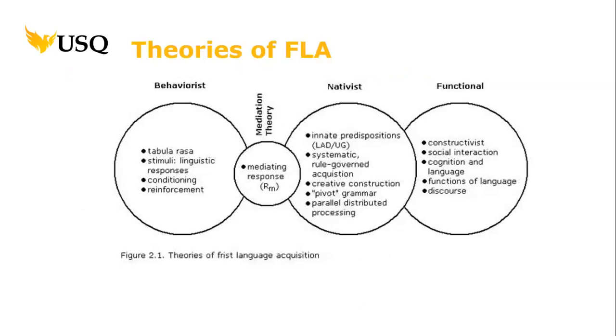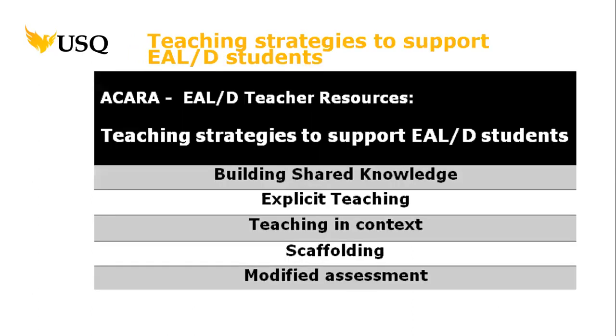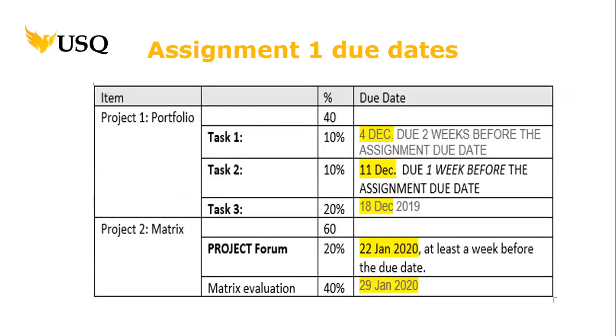So these are some of the first language acquisition theories: behaviorist, nativist, functional, okay? And then you have teaching strategies to support English as an additional language or dialect students, right? Along with all of them, you need to consider relevant Web 2 tools. Okay, I hope it's clear for you now.